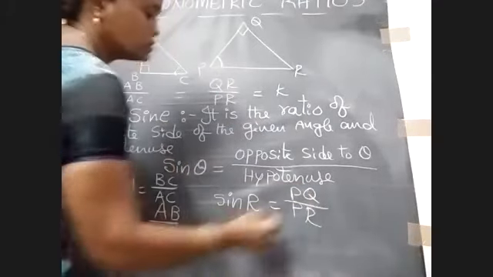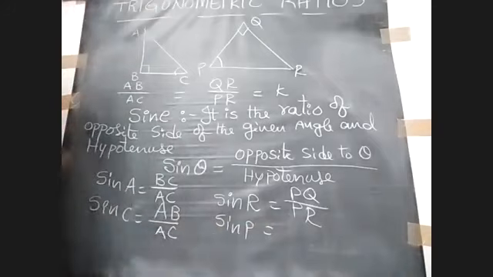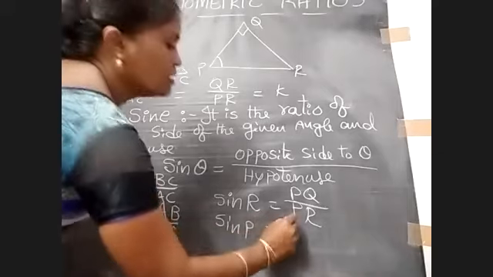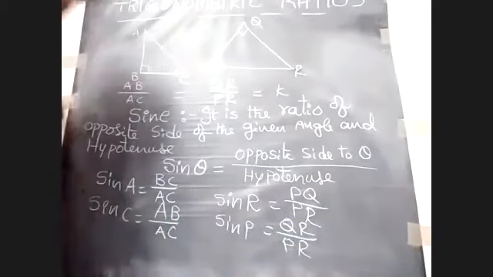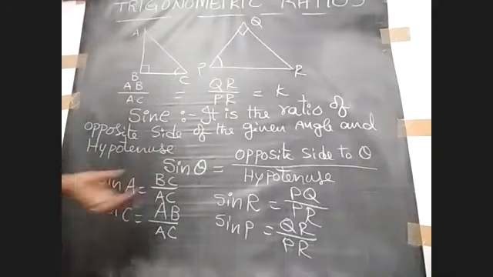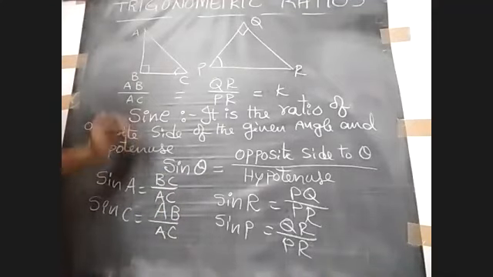Very good. What is sine P? Another one. Ma'am, QR by PR. So in this way, we can find the ratio between opposite side to hypotenuse by using sine.